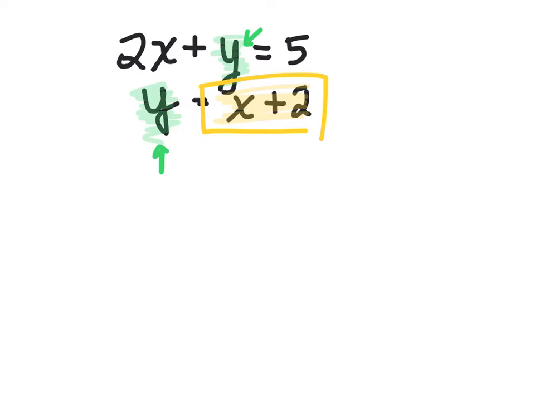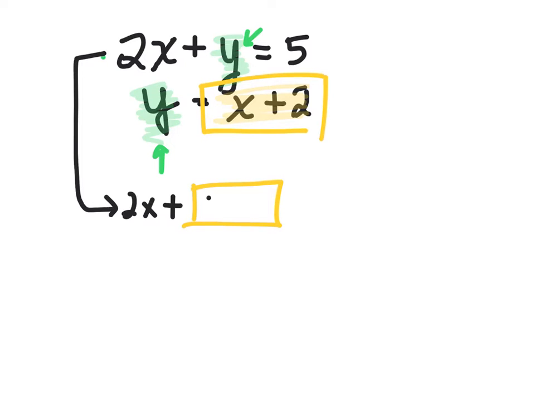So instead of y in the first equation, I'm going to use x plus 2. I'm going to rewrite my top equation as 2x plus, instead of y, x plus 2, equals 5.